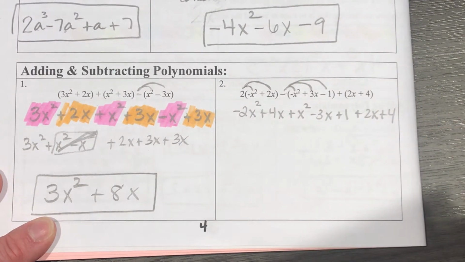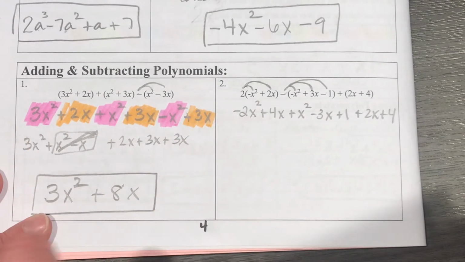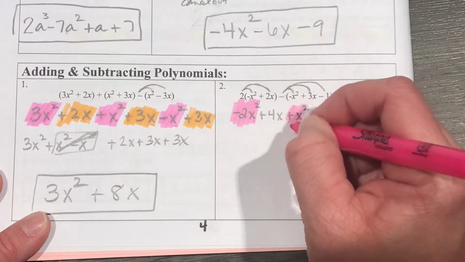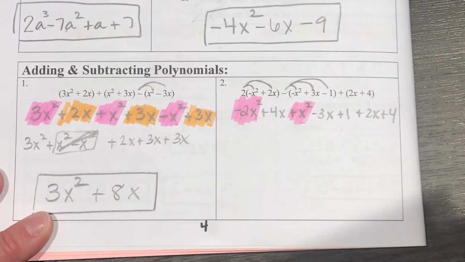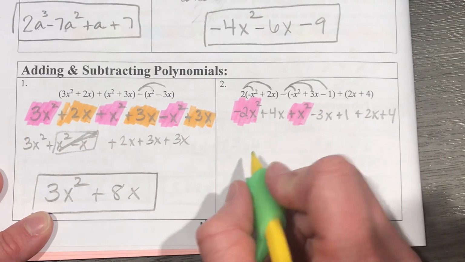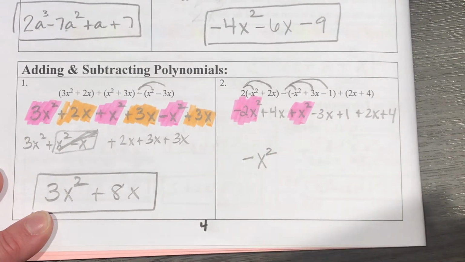And now what I'm going to do is highlight, again, kind of like what I did here, my like terms. So my square term here and here, looks like I only have 2 of them. Negative 2 plus 1 is going to give me negative x squared.